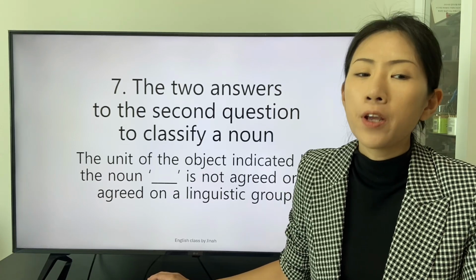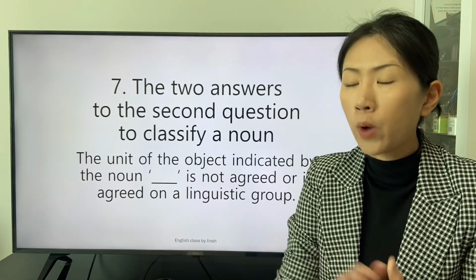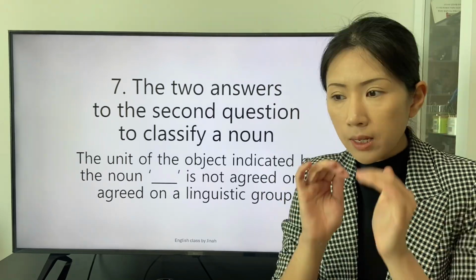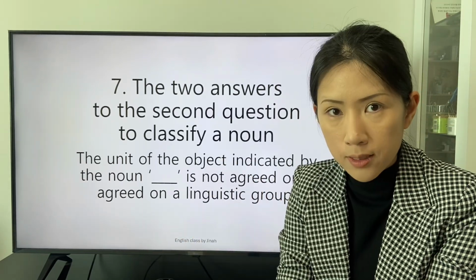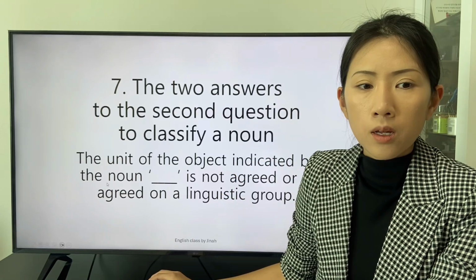The unit of the object indicated by the noun is not agreed when the people in the linguistic group do not define the unit of the object, which is physical.